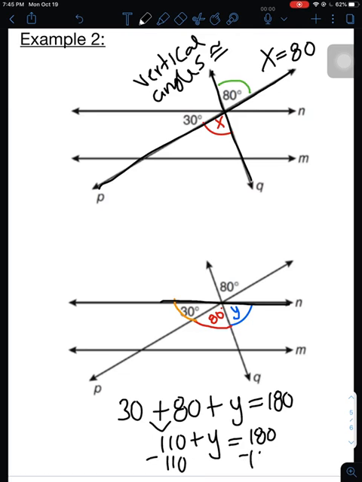And if we were to subtract 110 on both sides, we get that y is equal to 70. So we had to use this top one to solve the one down here, because now it's three of them that add up to 180.